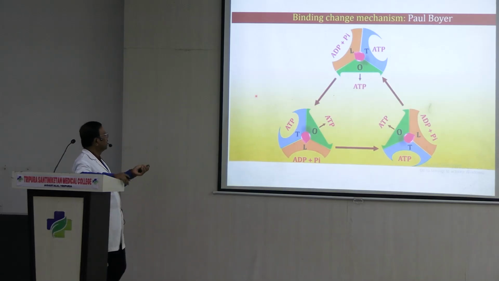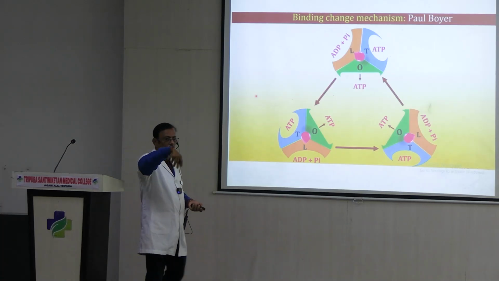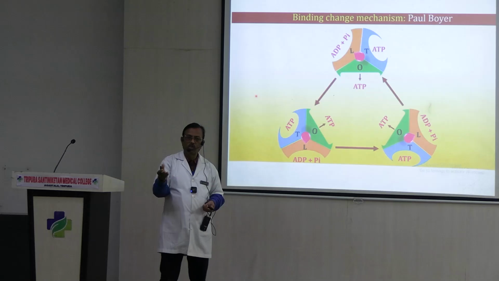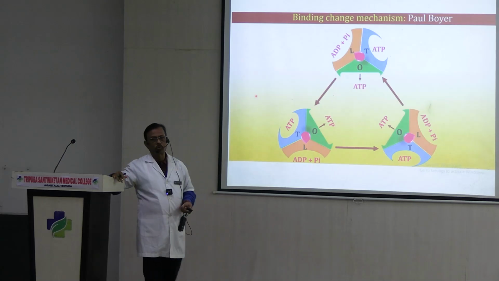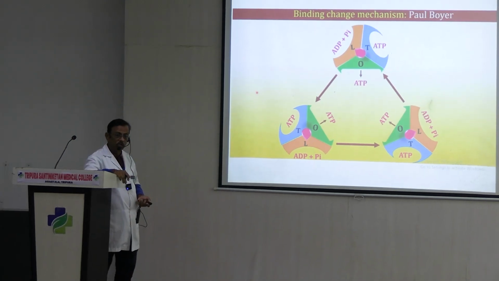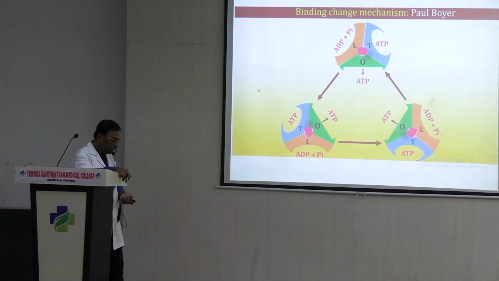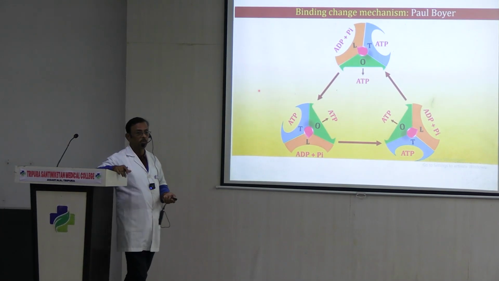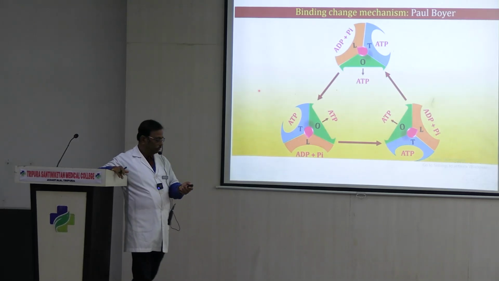Now it is the same 3 beta subunit changing with the rotation of the gamma subunit. Gamma subunit rotating due to the passage of the proton through it. So for translocating 4 numbers of proton through FO subunit towards the matrix will generate 1 ATP.